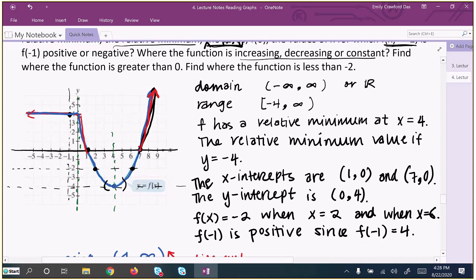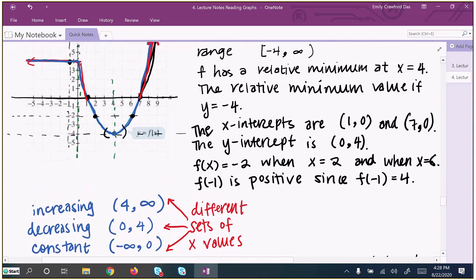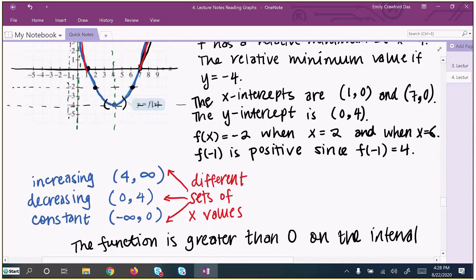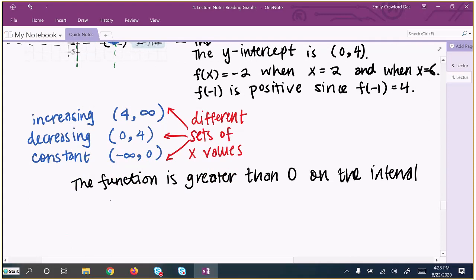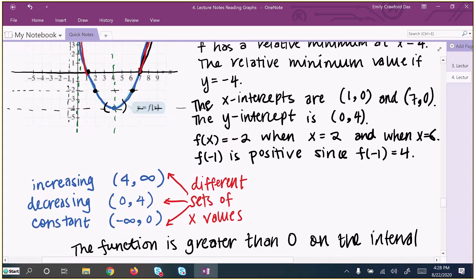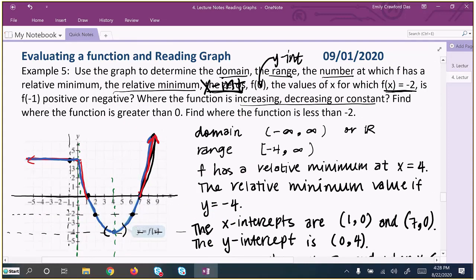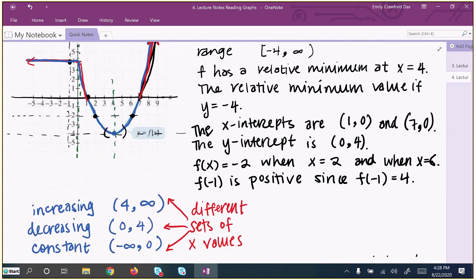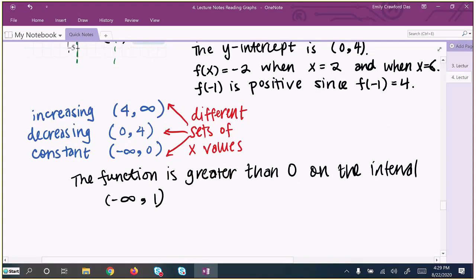Okay, so if we want to express that in terms of interval notation, we would say, well, it's definitely everything from negative infinity all the way until x equals 1. And then I'm not sure whether or not to include x equals 1. The question said greater than 0. At x equals 1, it's equal to 0, so we're not going to include it. But there's more.